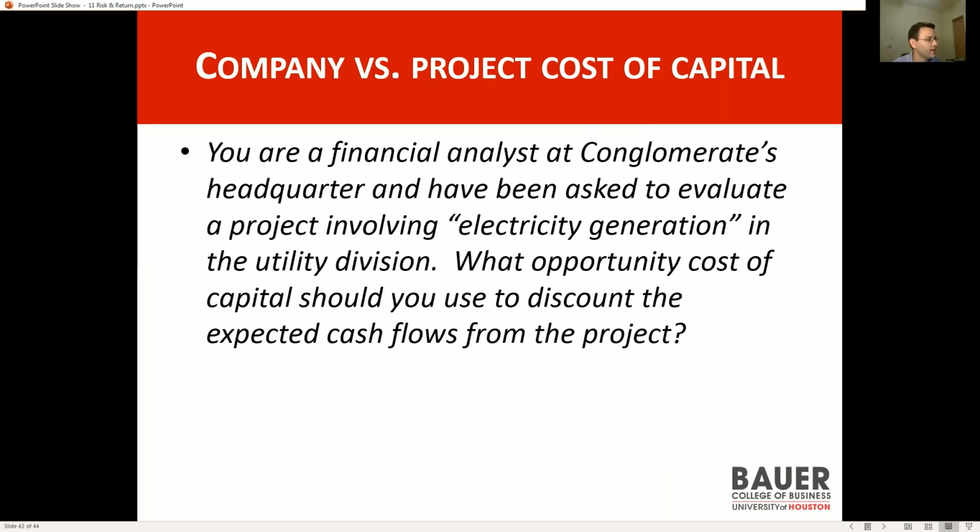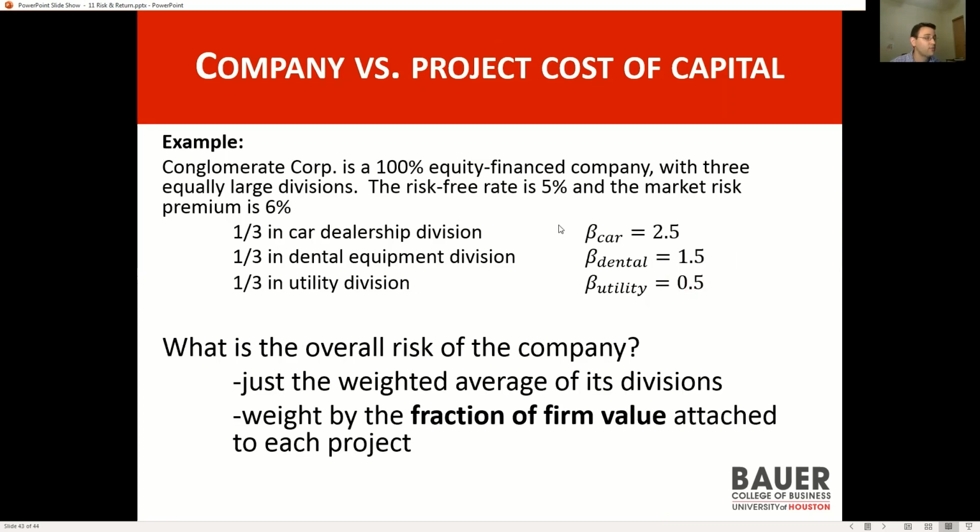So suppose you're a financial analyst in the conglomerate's headquarters and you've been asked to evaluate a project in the electricity generation business. What opportunity cost of capital should you use for that project? Well, we saw that the beta is 0.5, we have a risk-free rate of 5% and a market risk premium of 6%. So the discount rate should be 5 plus 1/2 times 6, that's going to be 8.